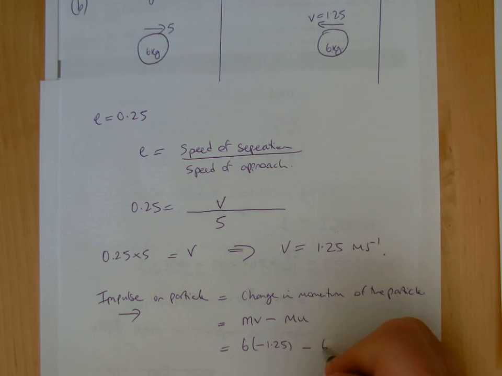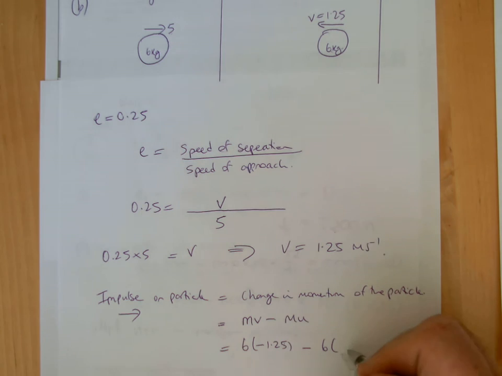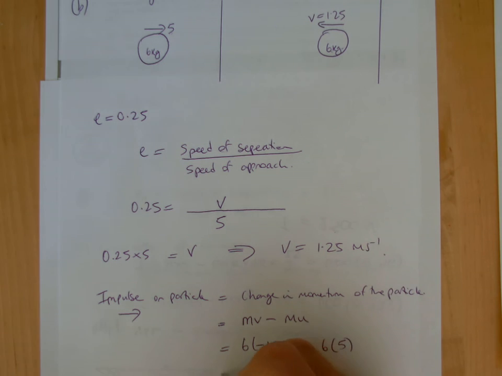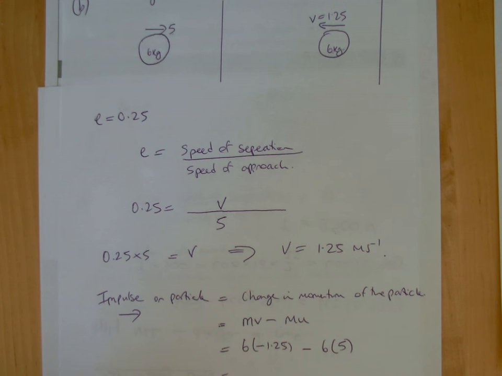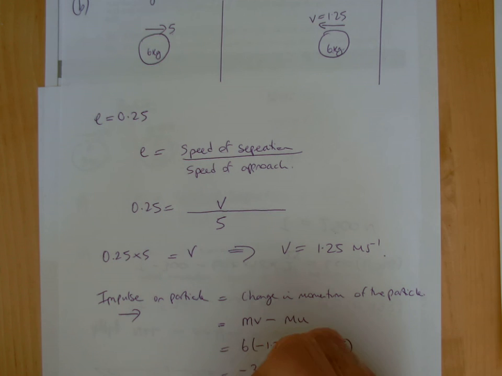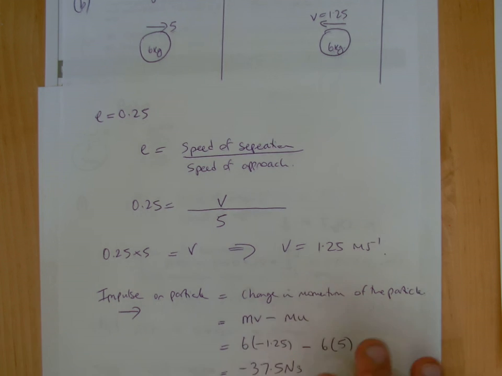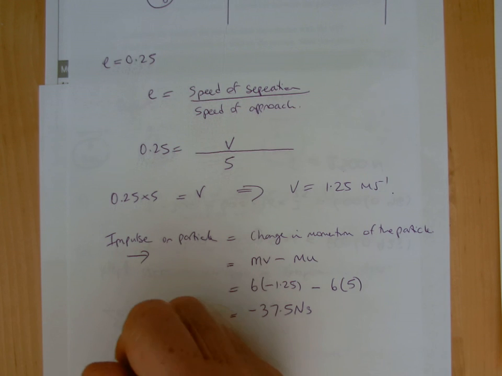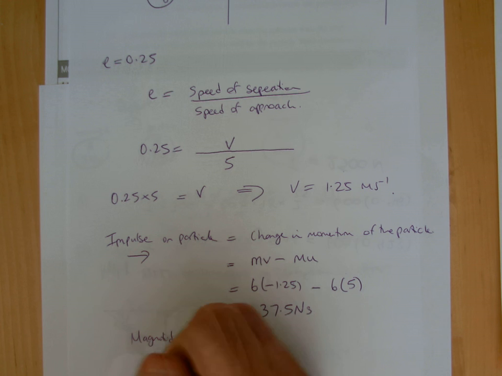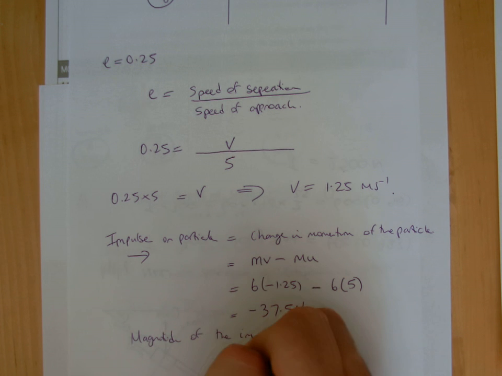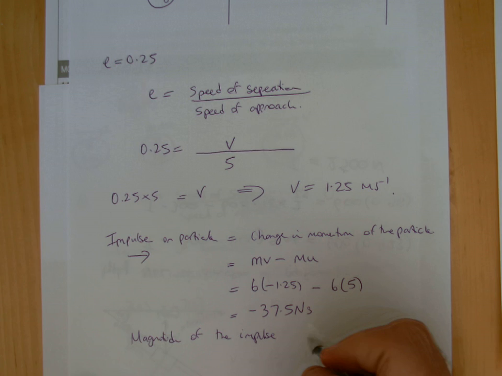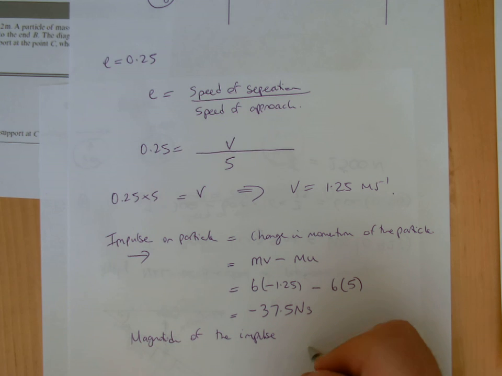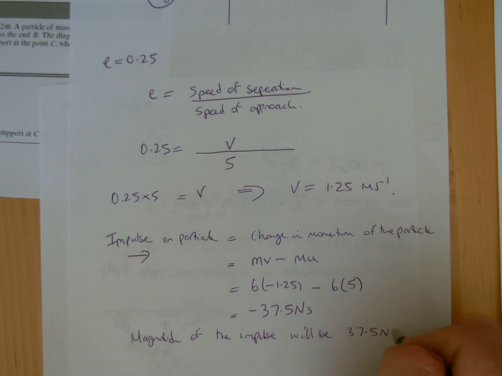Take away then the mass, which is 6, times that velocity there, which is 5, and that's going in the positive direction. So we get minus 37.5 Newton seconds. The magnitude of the impulse will equal 37.5 Newton seconds.